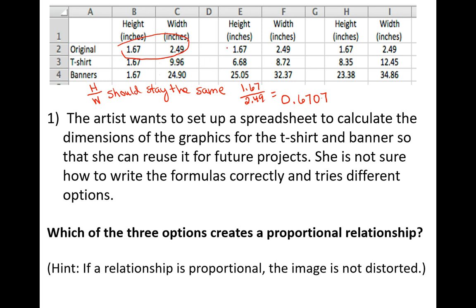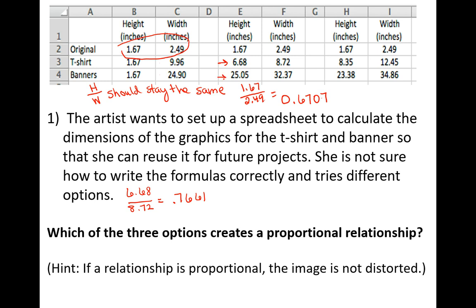Okay, let's check out this middle row. What happens? We know that 1.67 to 2.49 gives us this 0.6707. What happens if we use this row? What about 6.68? That's the height compared to 8.72. That does not come out. That comes out to a ratio of 0.7661.